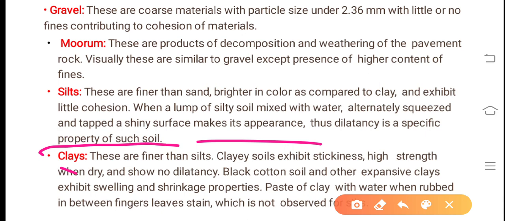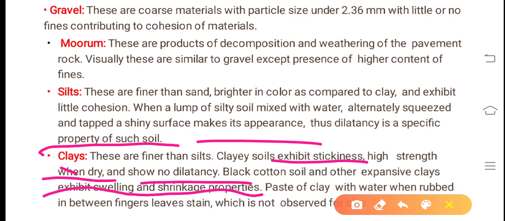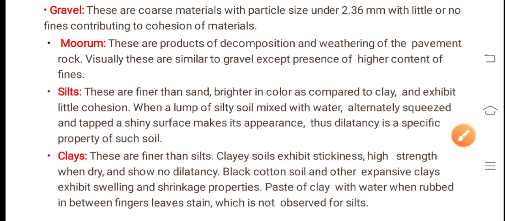Clays are finer than silts. Clayey soils exhibit stickiness, high strength when dry, and show no dilatancy. Black cotton soil and other expansive soils exhibit swelling and shrinkage properties. A paste of clay with water, when rubbed between the fingers, leaves a stain, which is not observed for silts.